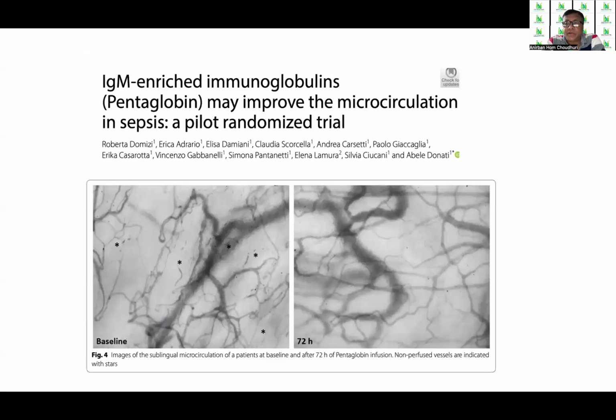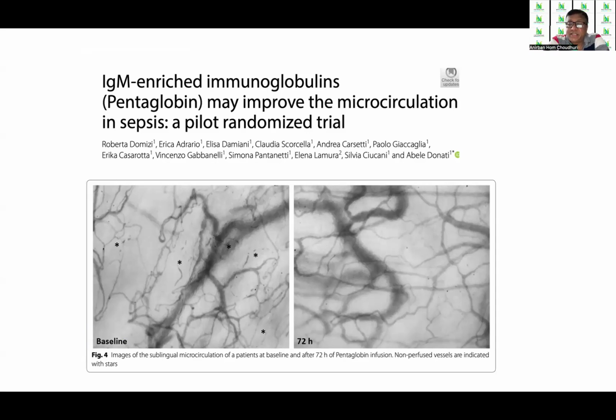Again, another important drug therapy which has been used in these patients is the IgM enriched immunoglobulins, which can improve the microcirculation in sepsis. The pilot randomized trial had shown it, and the same was not reproducible in some other studies which were conducted a year or two after this initial study.